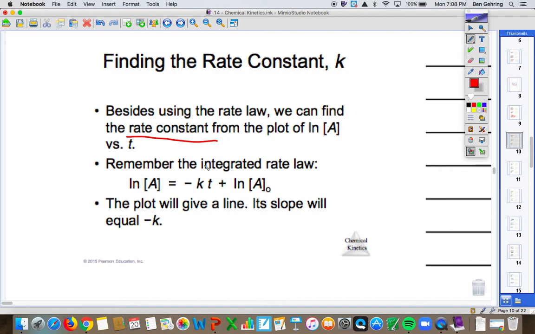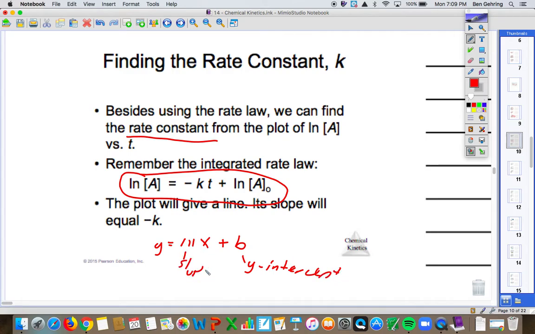Remember, your integrated rate law was this: natural log of A equals negative kt plus the natural log of A naught. And if we look at this, we're going to get this line. Remember, this is the same as y equals mx plus b, where b is the y-intercept and m is my slope.